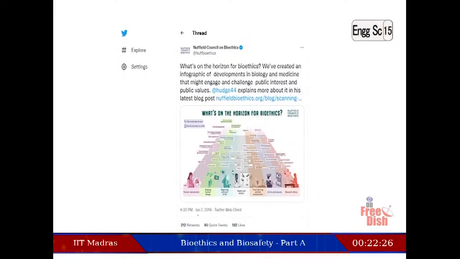Let me share with you a tweet by the Nuffield Council on Bioethics. You can see here this particular tweet on January 7, 2019, and the Nuffield Council on Bioethics has presented a beautiful graphic depicting what's on the horizon for bioethics, declaring it an infographic of developments in biology and medicine that might engage and challenge public interest and public values.